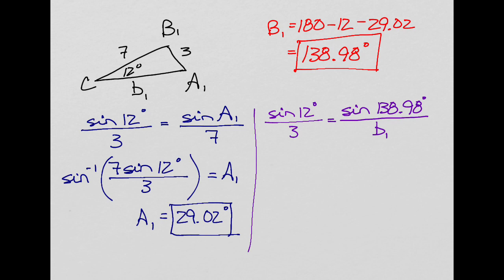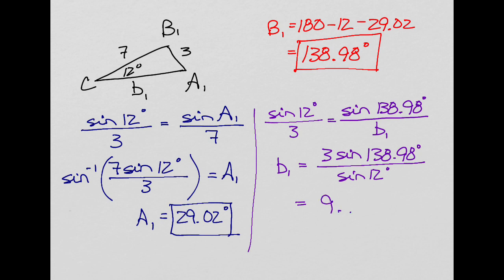So we're going to multiply by 3, multiply by B, and then divide by the sine of 12 degrees. And we get a length of the first version of side B of 9.47. That does make sense here since angle B1 is the biggest angle in this triangle, that side B1 should be the longest side, and it's longer than the other two at 7 and 3.